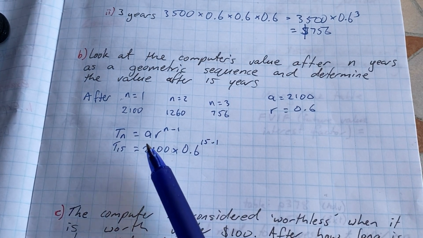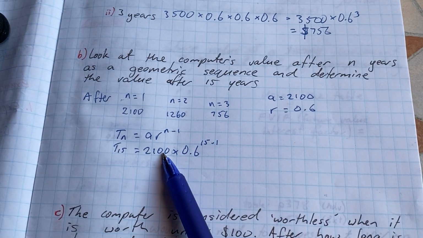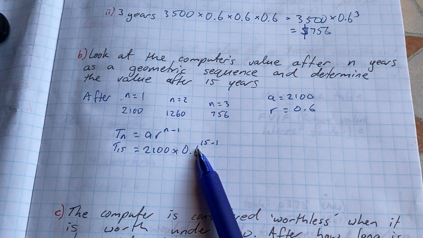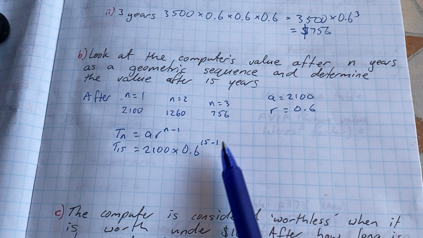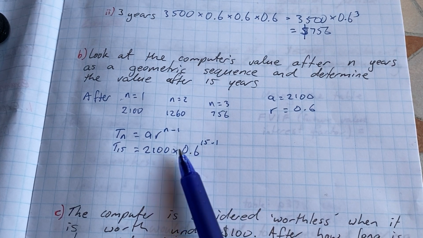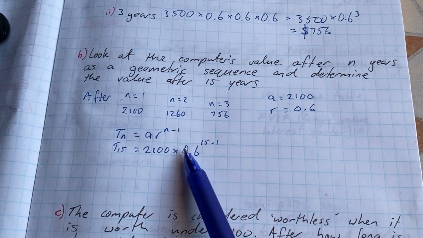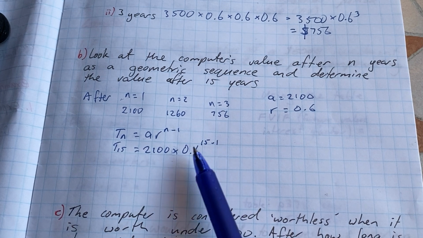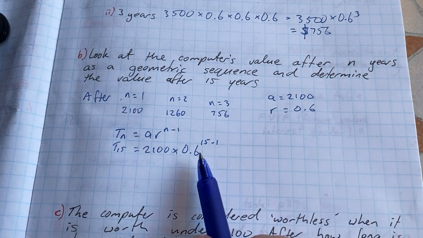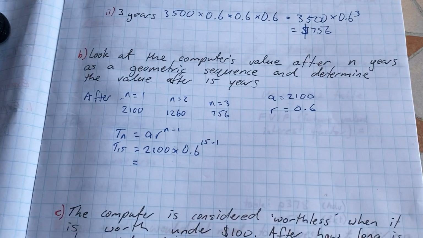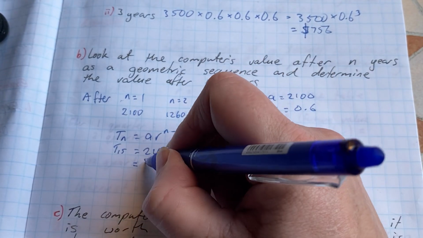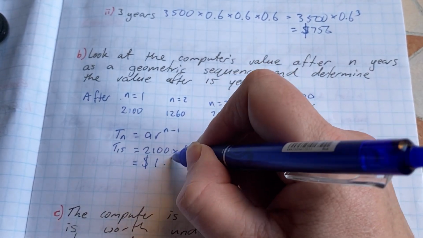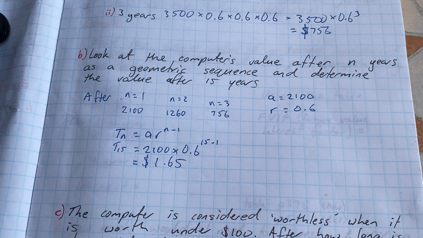Now be a bit careful. Think about it. Are you allowed to do 2,100 times 0.6 first? No. Remember your order of operations. Powers come before multiplications. It's a very common mistake. Do not multiply these two. Powers come first. But in this particular case, you can just throw all of that into your calculator. And if you do, it's going to be way down to $1.65 after 15 years.